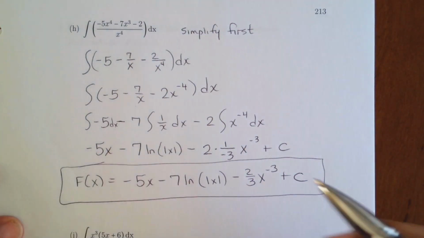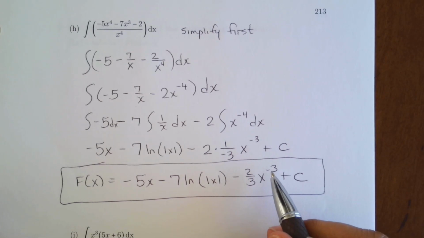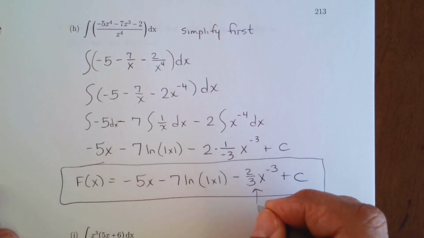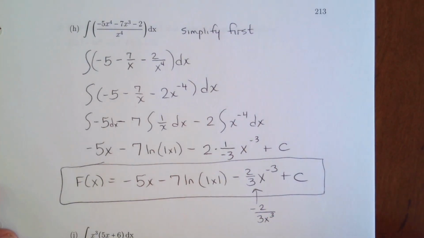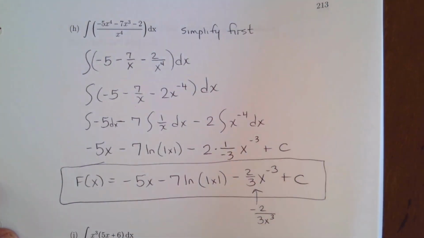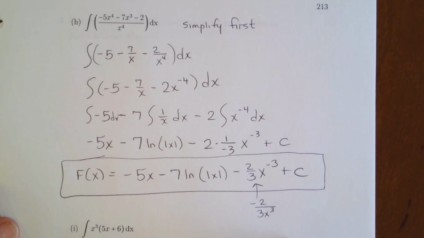Okay, again, if Hawks says don't use negative exponents, you would write this term as negative 2 over 3x cubed, right? It's the same thing. So I don't mind you leaving it this way, but just pay attention to how Hawks wants you to write your answer.